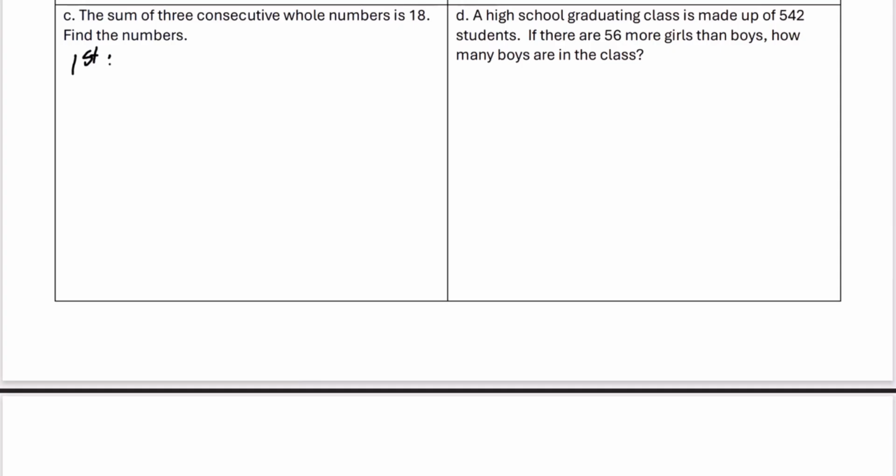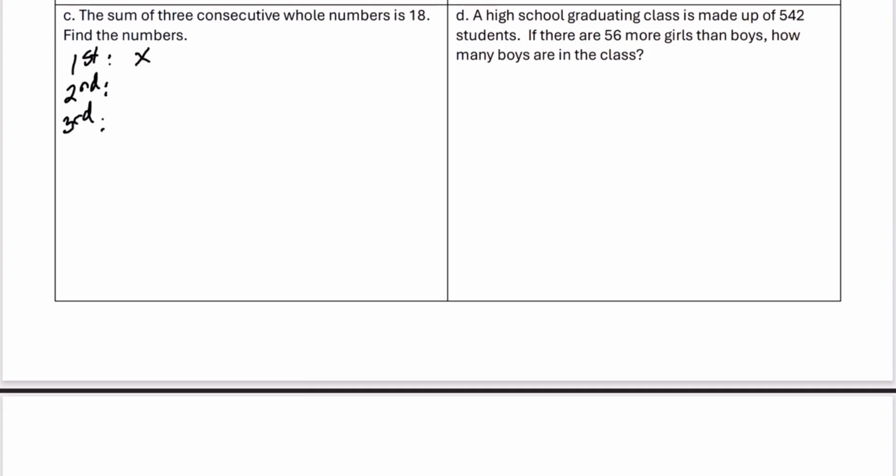We have the first number, the second number, and the third number. We don't know any of them, but think about which one you know nothing about. The one that you know absolutely nothing about is your variable. And that is the first number.